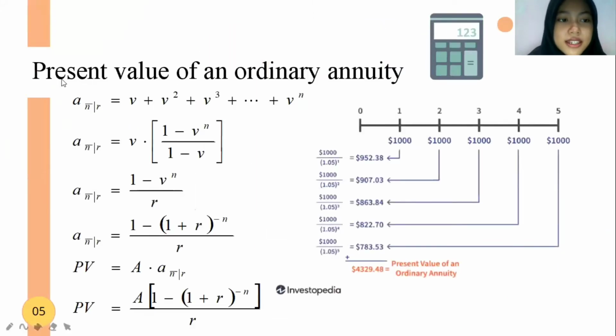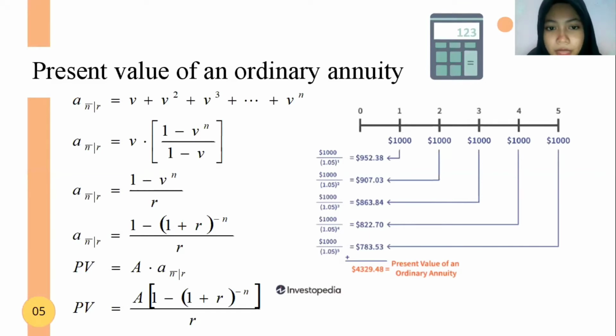And then this is the present value of an ordinary annuity. We have to know that in an ordinary annuity, payment is made at the end of the interval time.